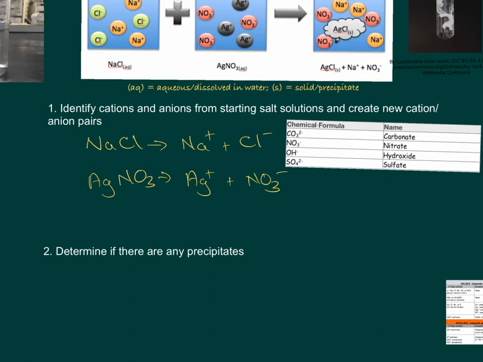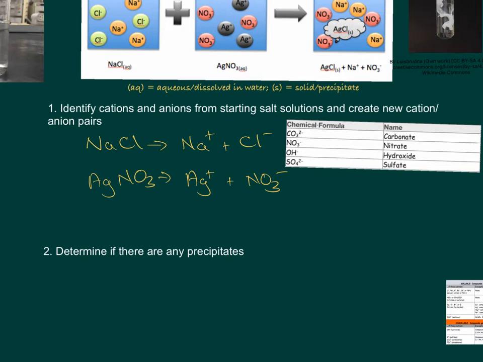Anytime you see, say, an N, P, or S followed by a bunch of oxygens, you know that you're going to have a polyatomic ion, or an ion made up of many atoms, poly meaning many. So here you can see the nitrate group. This has a -1 charge. And the polyatomic ions are something you just have to memorize, along with their charges. Since the nitrate has a -1 charge, and in this case we have one nitrate group with one silver group, we know that the silver has to have a +1 charge so that the two charges neutralize each other.